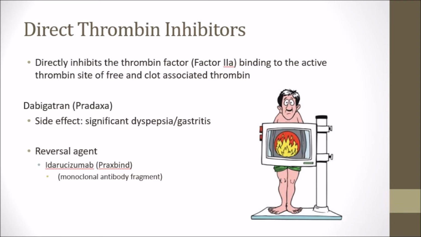And so the patient will feel like their stomach is just burning, as you can see from the picture. Pradaxa is unique because it has a specific reversal agent, idarucizumab or Praxbind, and it is a monoclonal antibody fragment, and it can be used to reverse Pradaxa.